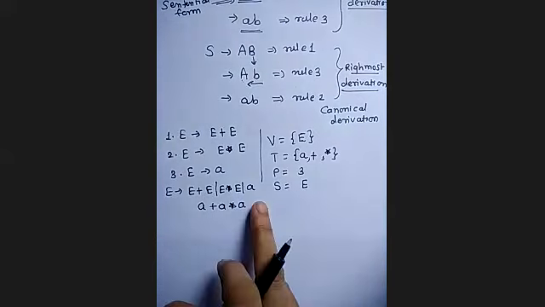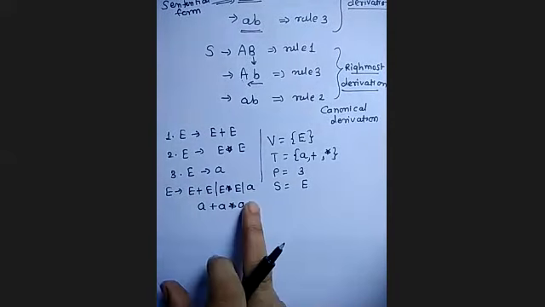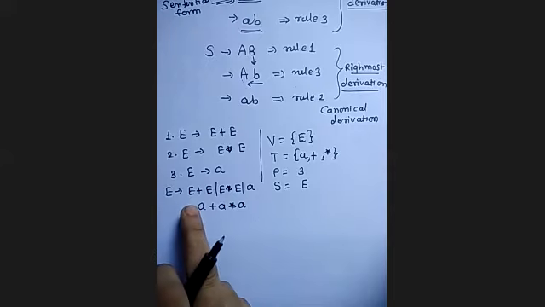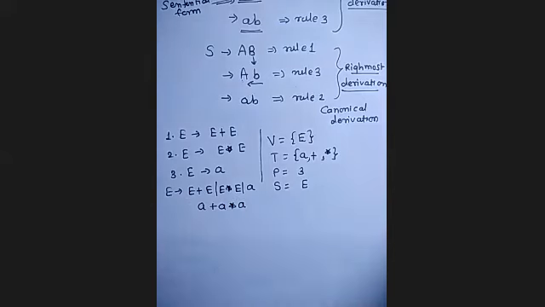Why can we write this? Because these 3 rules have the same left hand side. So the other way you can write it: E derives or E produces E plus E or E star E or a. Okay. So from these 3 rules, which rule will you apply here?